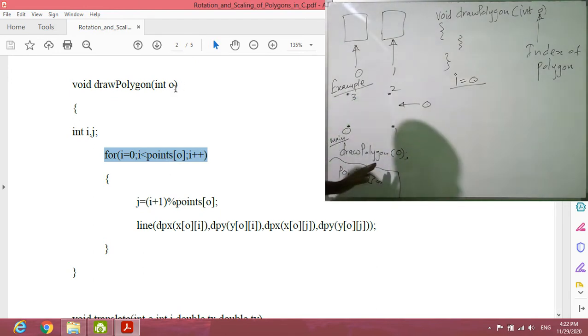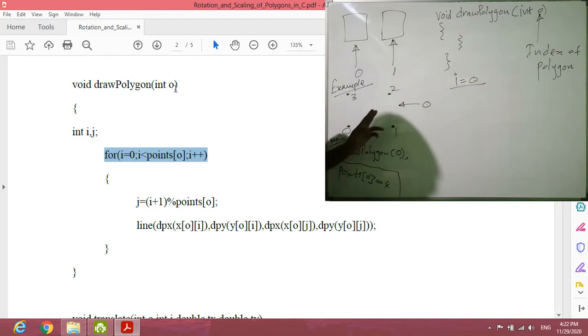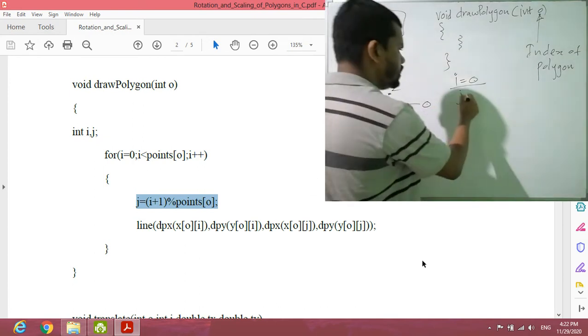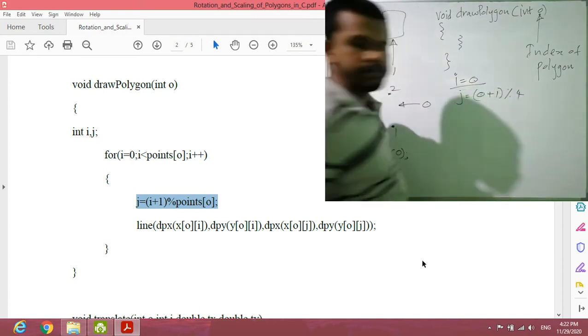In this situation it is 4, since this is a square. Now here we come to this position, then j equals 0 plus 1, 4.